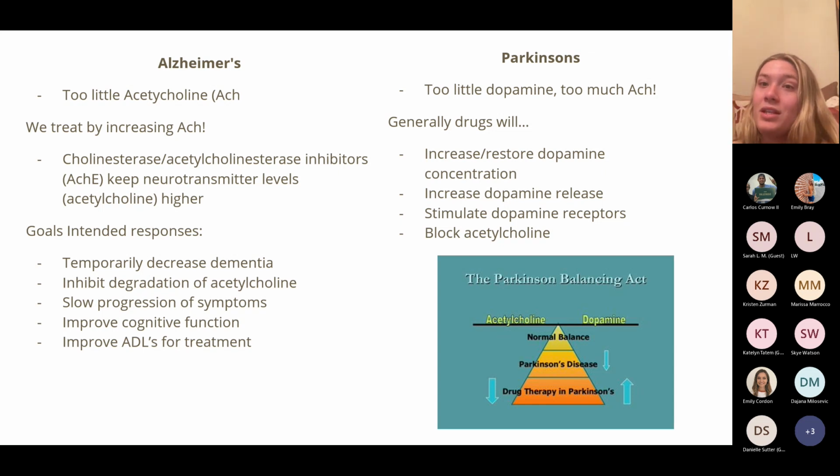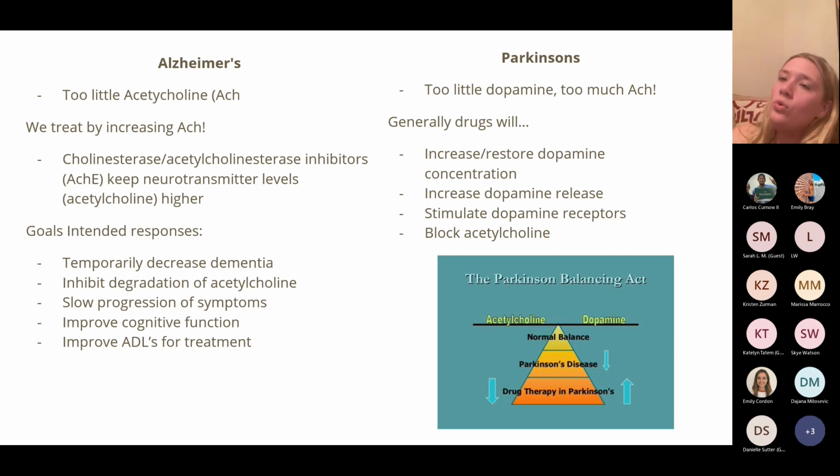Usually we give them acetylcholinesterase inhibitors, because the function of acetylcholinesterase is to actually break down acetylcholine. So we have to stop the body from breaking down all of that acetylcholine, which is what's happening essentially in Alzheimer's. Again, there's really no cure for these, but treatment is more focused on slowing the progression of symptoms and really improving their ADLs and improving their headspace, all of that.